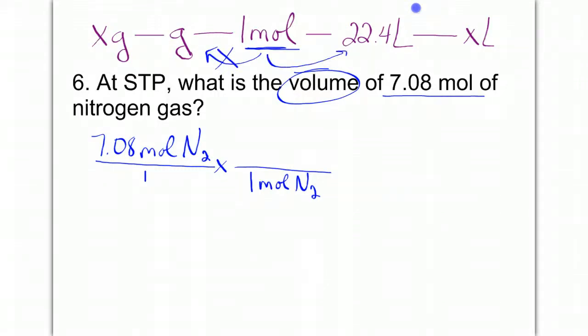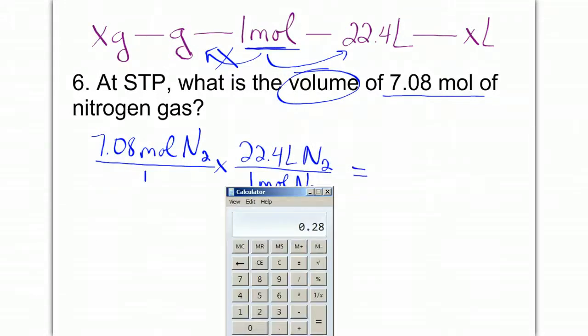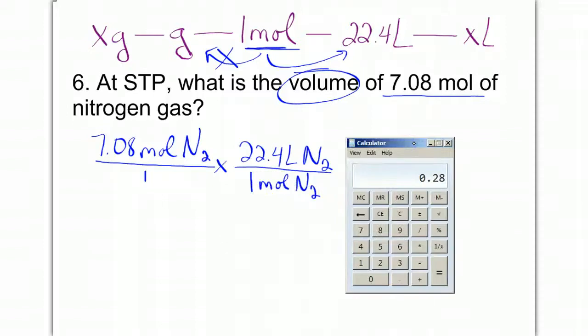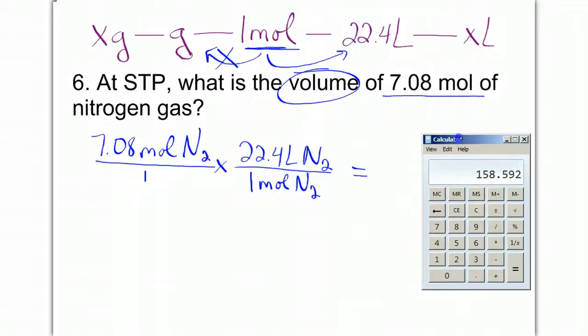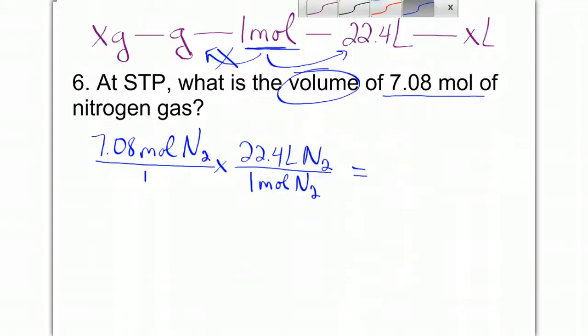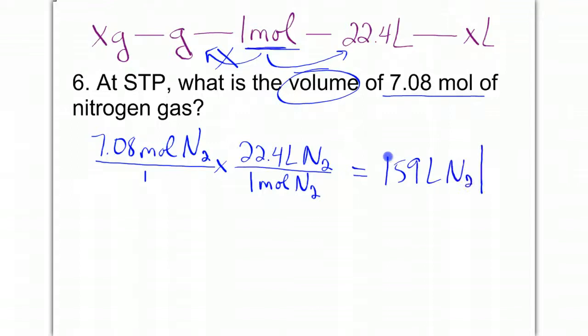We actually want to go to liters. 22.4 liters of nitrogen gas. So 7.08 times 22.4, and my total is 159 liters of nitrogen gas.